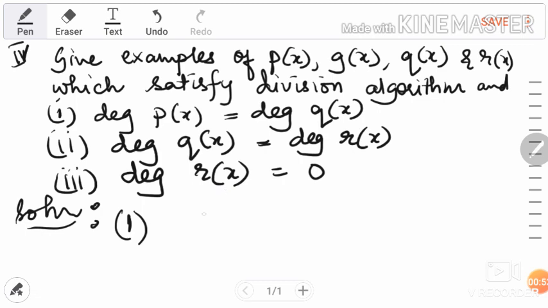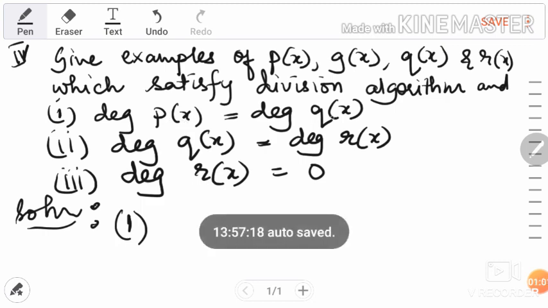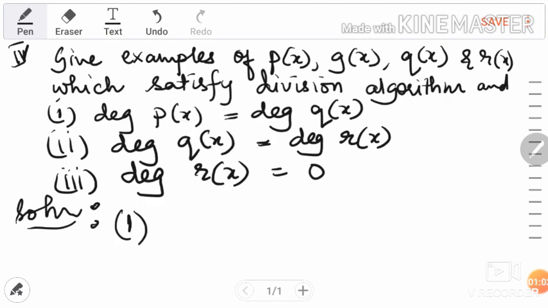So let's write the polynomials for the first condition. The degree of the dividend polynomial should be equal to the degree of quotient polynomial. Now this is possible only if the divisor polynomial is a constant polynomial.